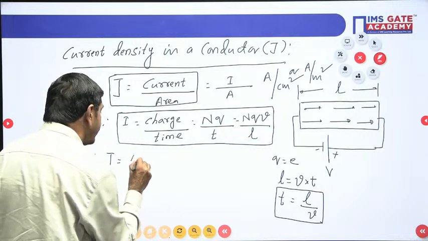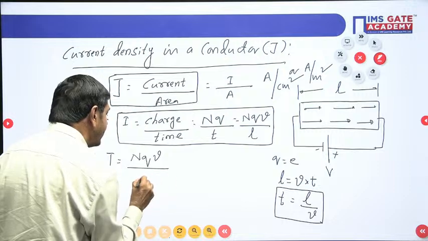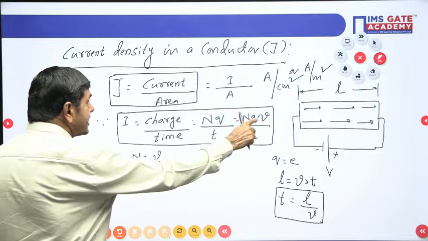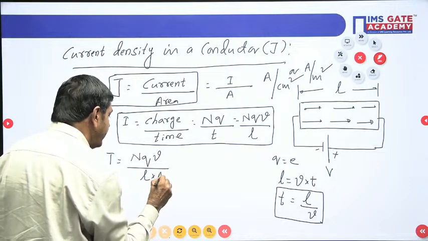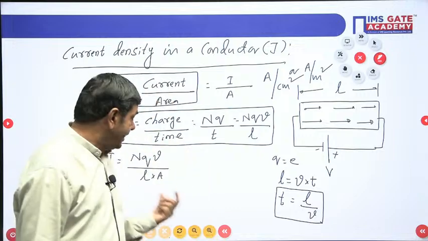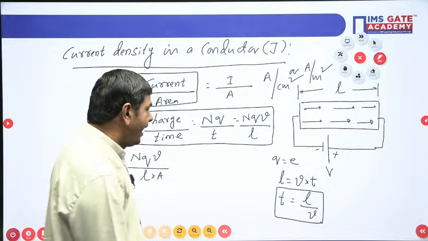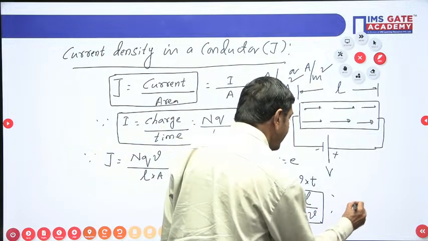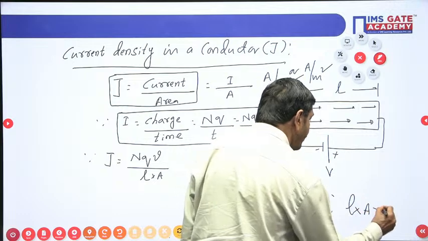Current can be taken as N into Q into V divided by L, divided by the area A. You know very well, length into area equals volume. Still we can modify. I can write length into area equal to volume now.